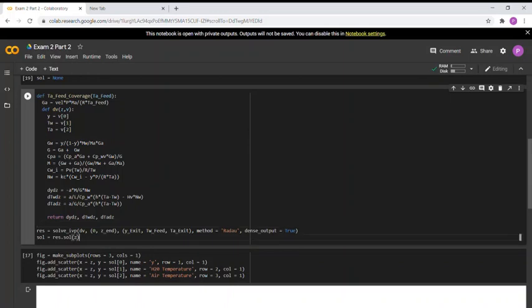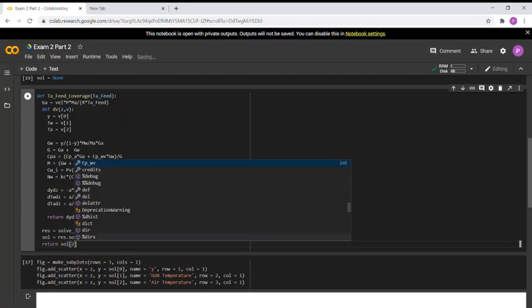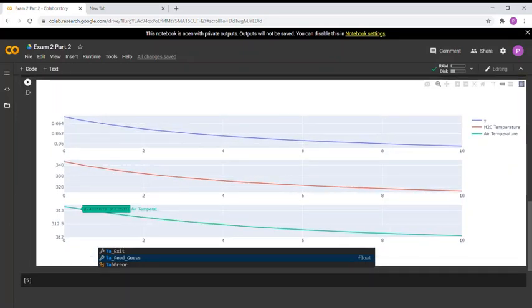Then from here, actually like this, and then we return it as 2, and then -1 minus t. As we see here, 2 is our temperature of air, so this is what we want.